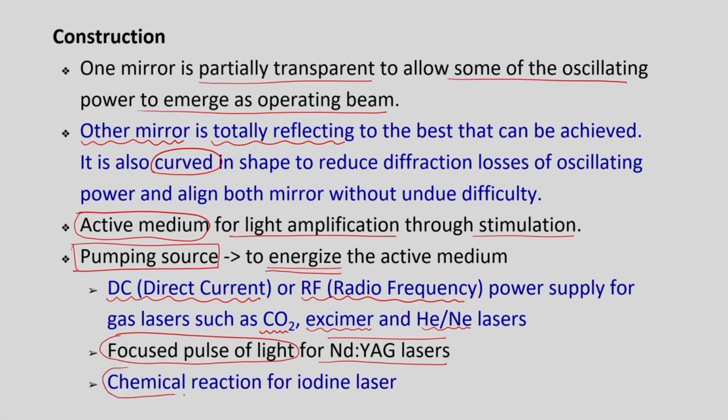The pumping source can be chemical energy as well. So, a chemical reaction of some chemicals can be utilized to provide the external excitation, and this is done in general in the iodine laser. So, one example of the utilization of chemical reaction is the iodine laser.